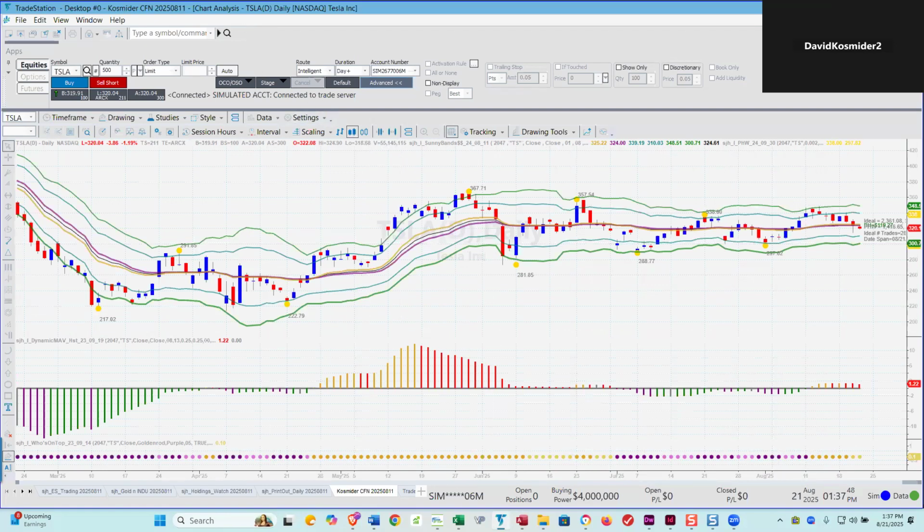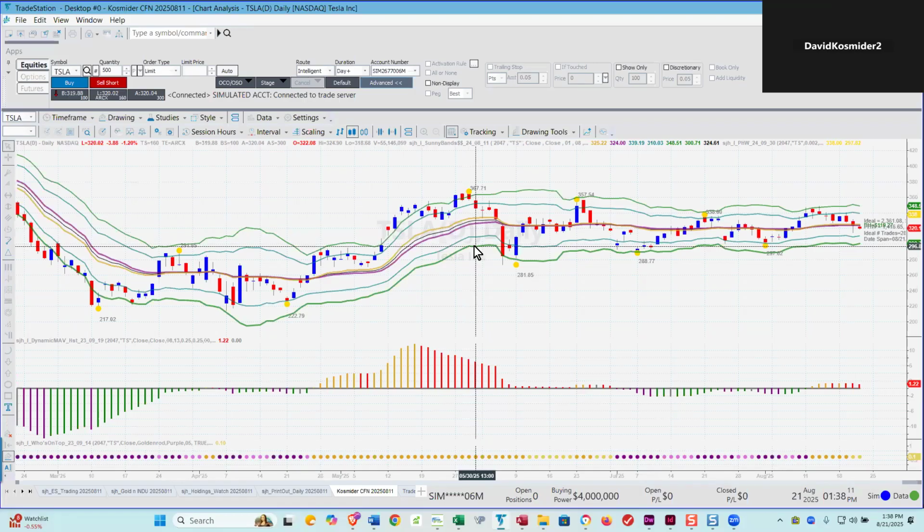Sunny bands based on standard deviation? No. That's Bollinger Bands. Sunny bands is based on this dynamic moving average in the center, the purple and gold lines, and then average true ranges from the purple and gold. So 2 average true ranges up, 2 average true ranges down.